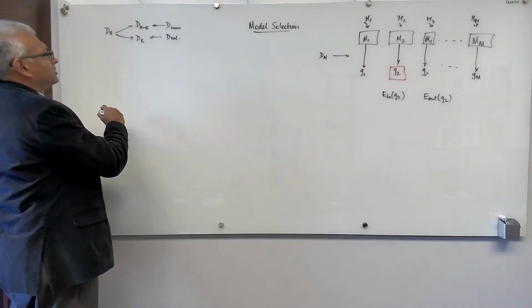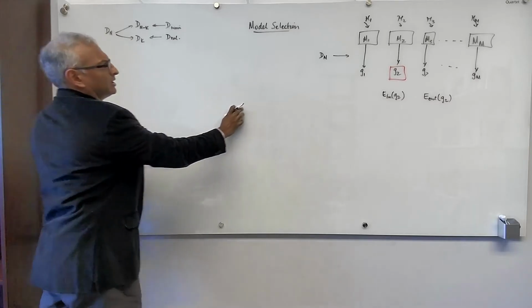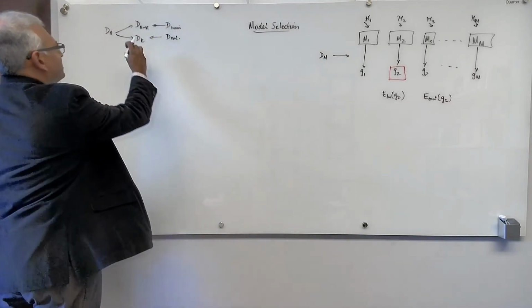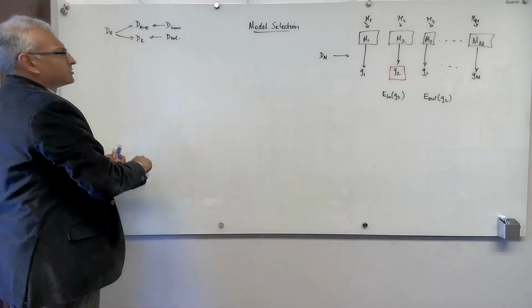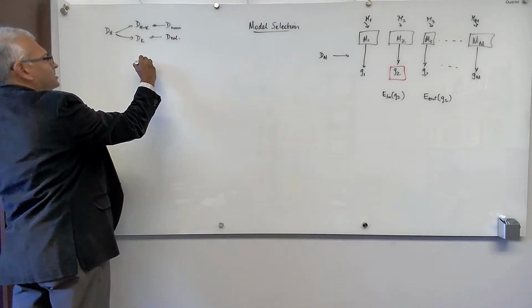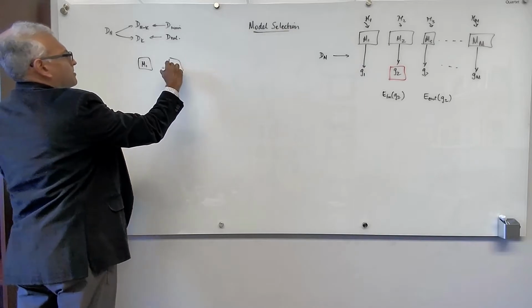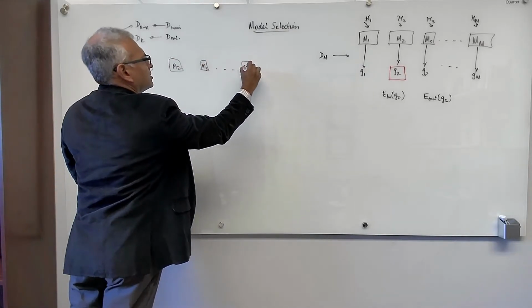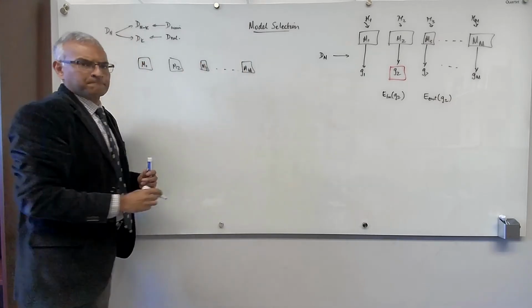We now don't give my minions the full data set. We give my minions the training data set. So it's very simple. You have your models, M1, M2, M3, and so on, up to M_M.